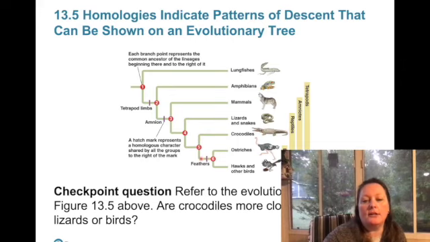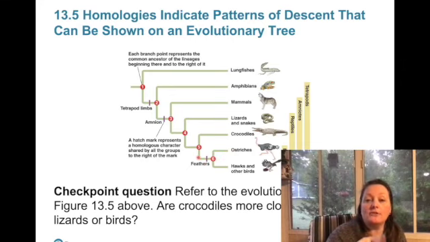And then here we branch off and we have feathers. Then we have our ostriches, which are huge, and they run, they don't really fly. And then we have hawks and other birds. So according to this, clearly hawks and ostriches are more closely related than an ostrich and a crocodile because they have the same common ancestor.